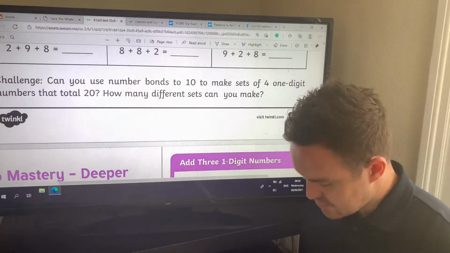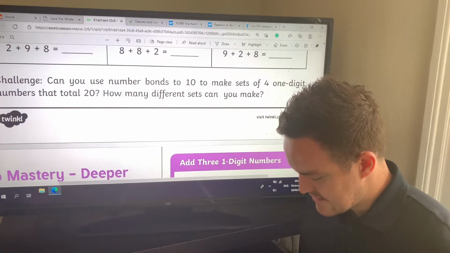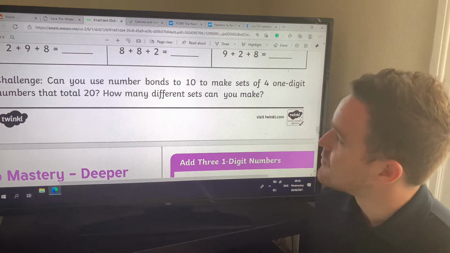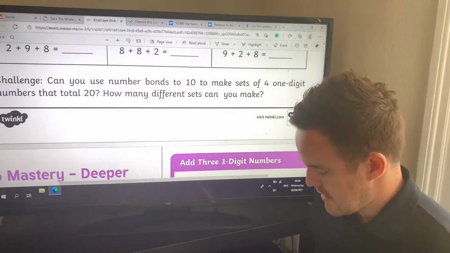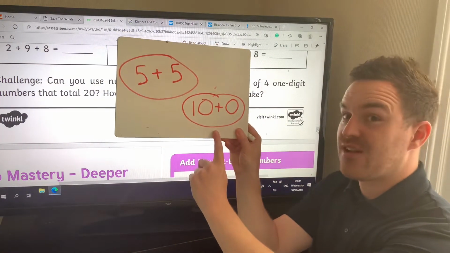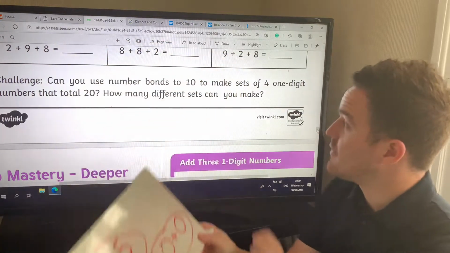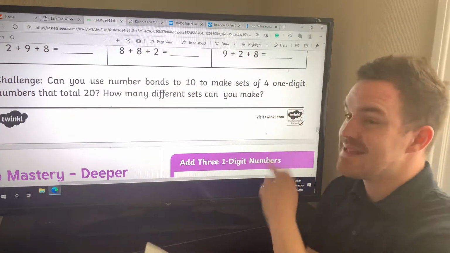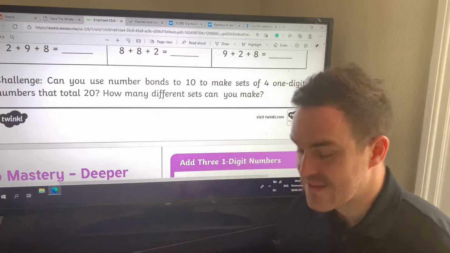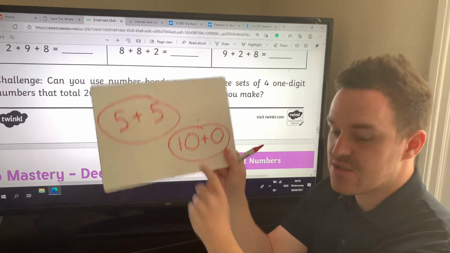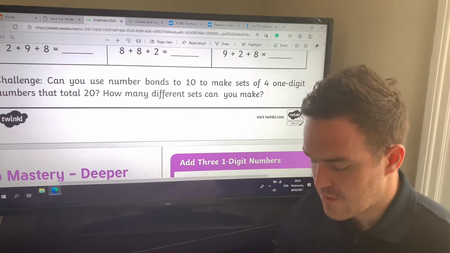What other ways could I do 10? I could do 10 add 0. That also makes 10, but it says for 1-digit numbers, so I can't use 10 because 10 is a 2-digit number. So I'm going to rub that one out.